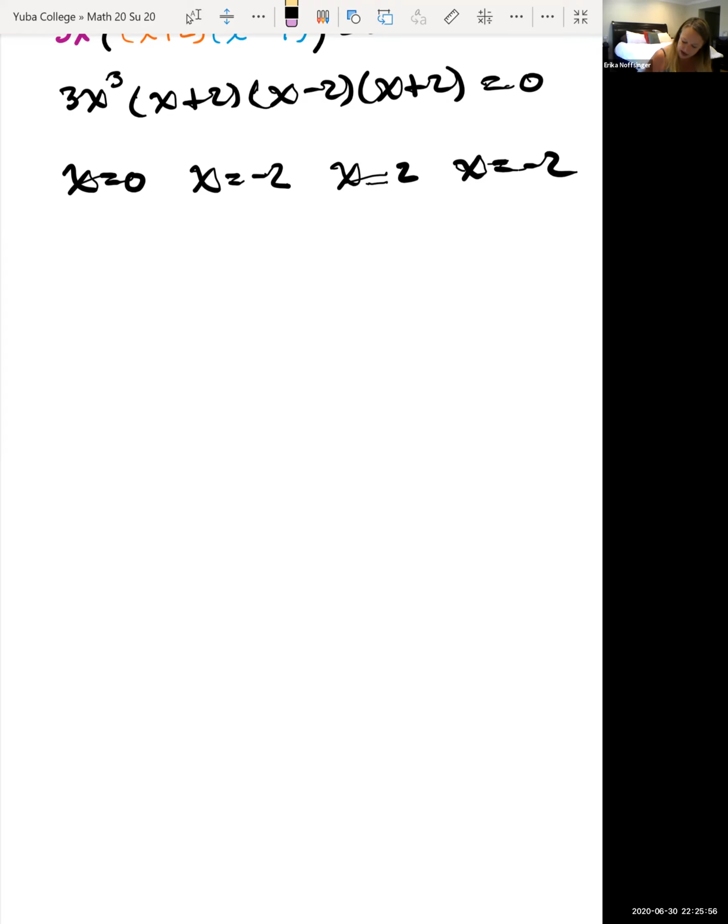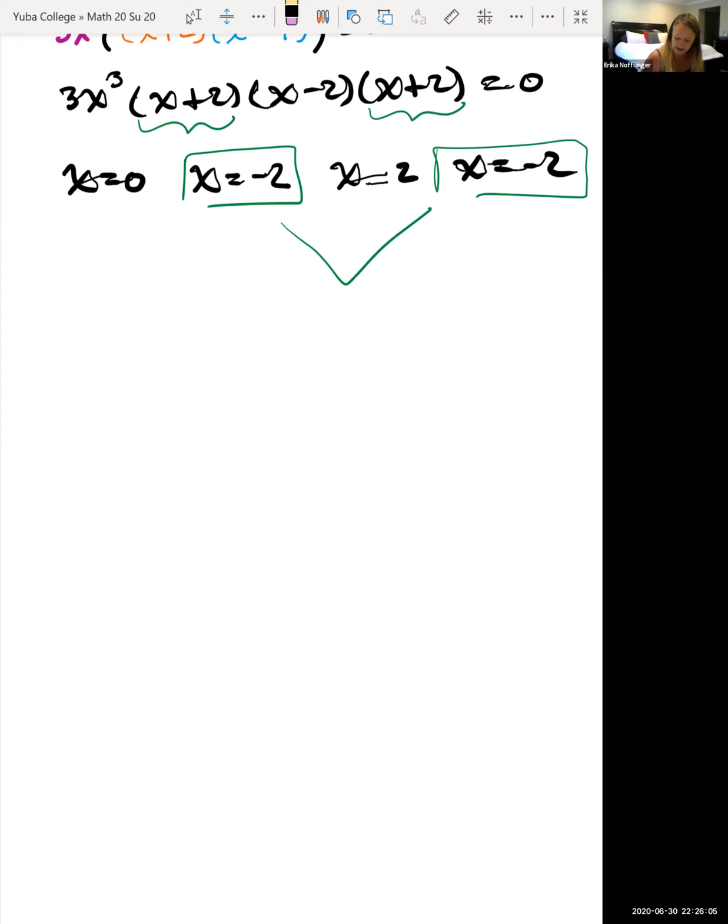Notice that we have two factors here of x plus 2 and x plus 2. X minus 2, usually you don't write that twice. This is x equals negative 2, which has a multiplicity of 2.